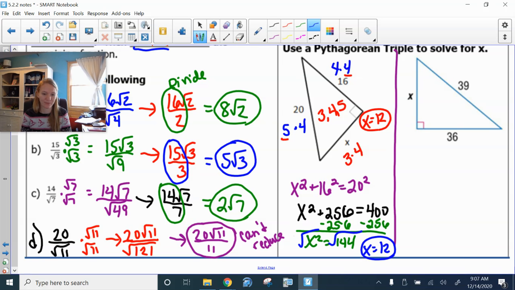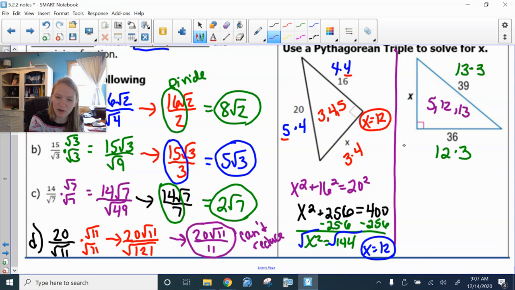Do Pythagorean theorem. Same thing here on the 36, 39. I know both of those are a multiple of 3 or can be multiplied by 3. I know that 13 times 3 makes 39. I know that 12 times 3 makes 36, which tells me that this is a multiple of a 5, 12, 13 triangle.